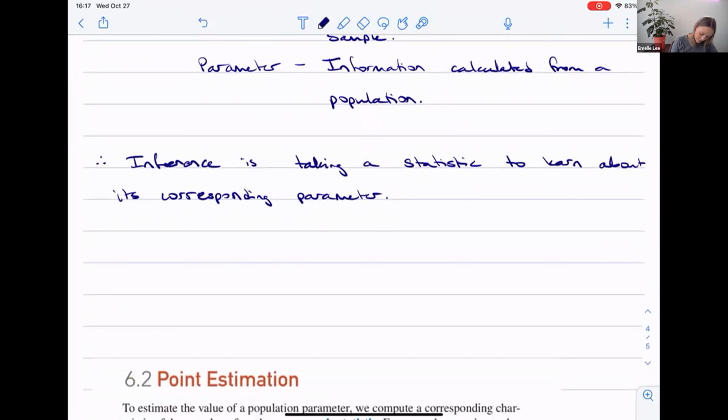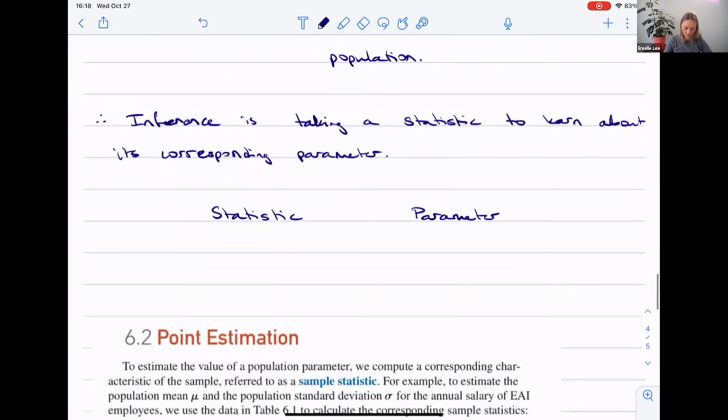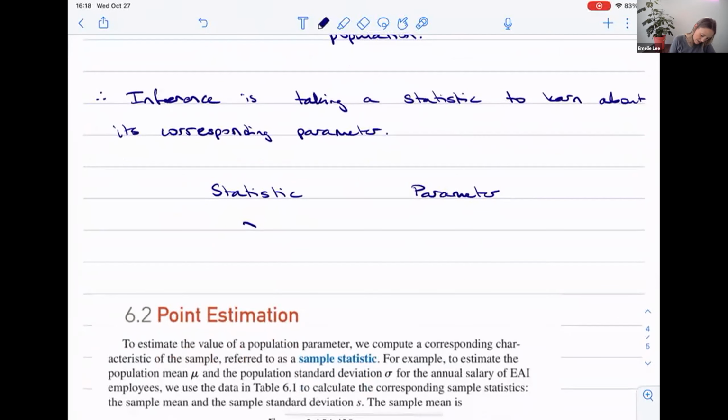So for example, we might have a statistic and the corresponding parameter, in its most basic sense. X bar is a statistic, the sample mean.